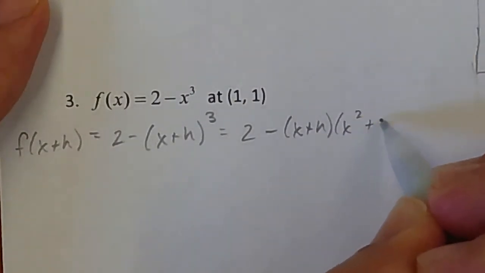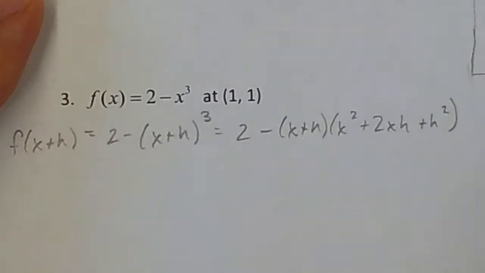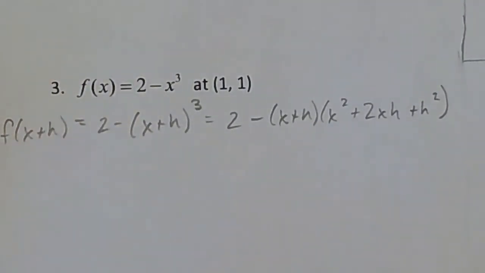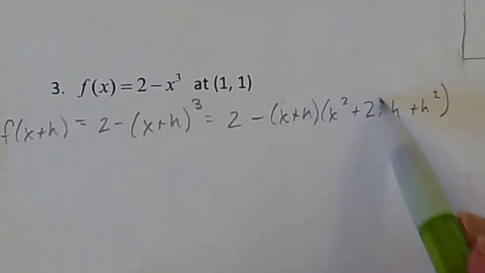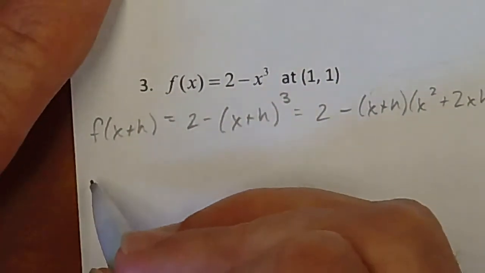X squared plus 2xh plus h squared. Okay? All right, now to finish this product, I'm going to take the x, I'm going to distribute that through, and then I'm going to distribute the h through. Okay? And then I got to subtract it all too, so I'll be careful with the sign here.